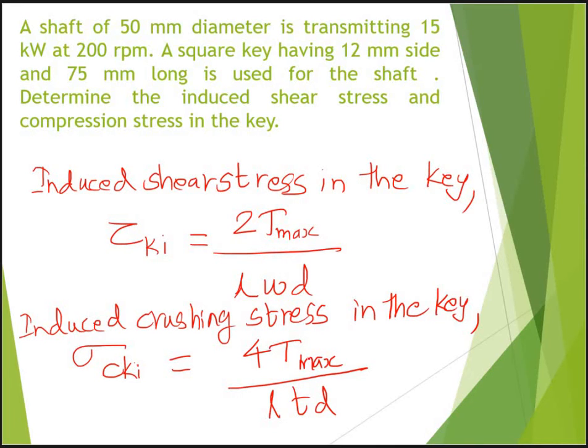So in these two expressions, there is a term called T max, maximum torque transmitted. That is not directly given in this question, but we have to calculate the value of T max.